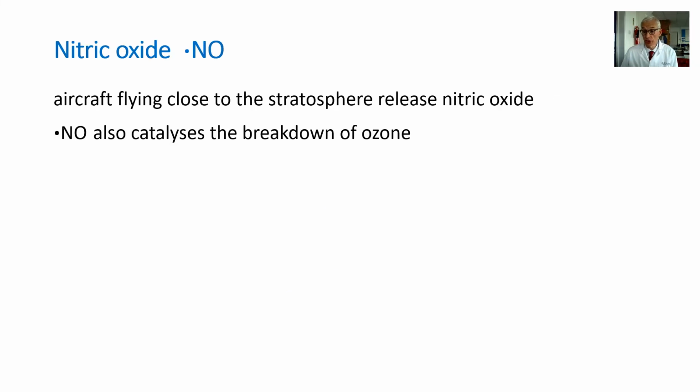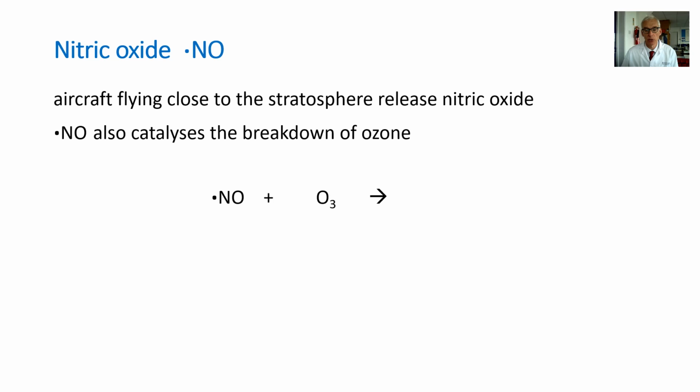So nitric oxide is an example of another radical that is known to deplete or catalyze the breakdown of ozone. Nitric oxide is a radical. It has an unpaired electron.